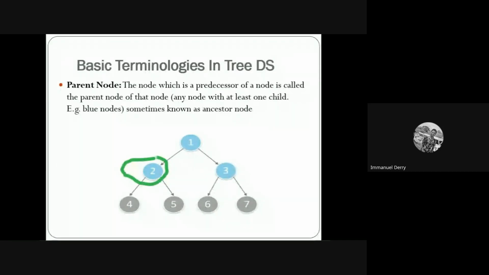So it also qualifies to be a parent. Similarly, 3 also has 6 and 7. So it qualifies to be a parent, right? So if you're talking about the parent nodes from the graph we are seeing, then it involves 1, 2, and 3.